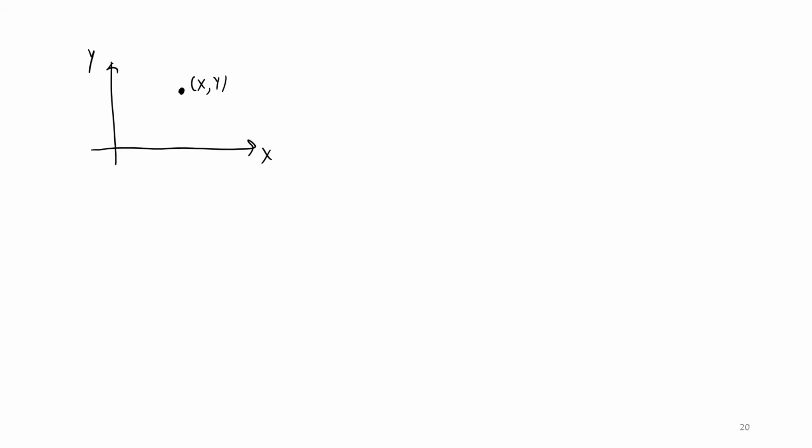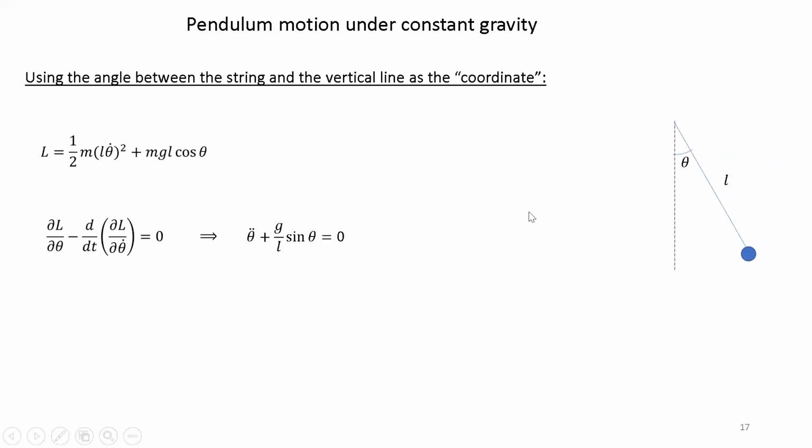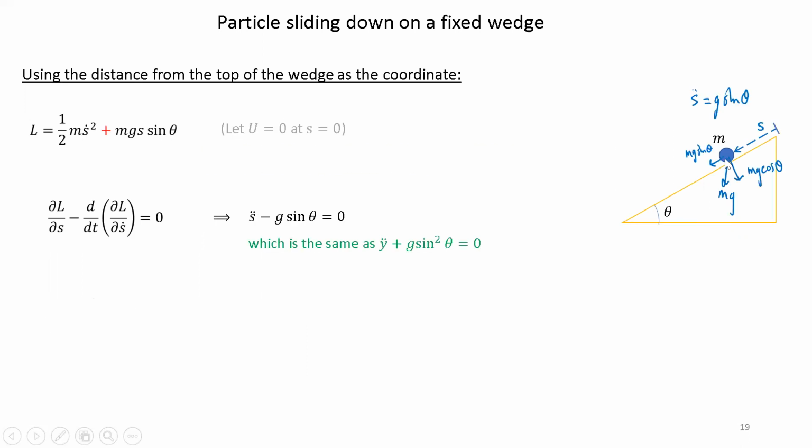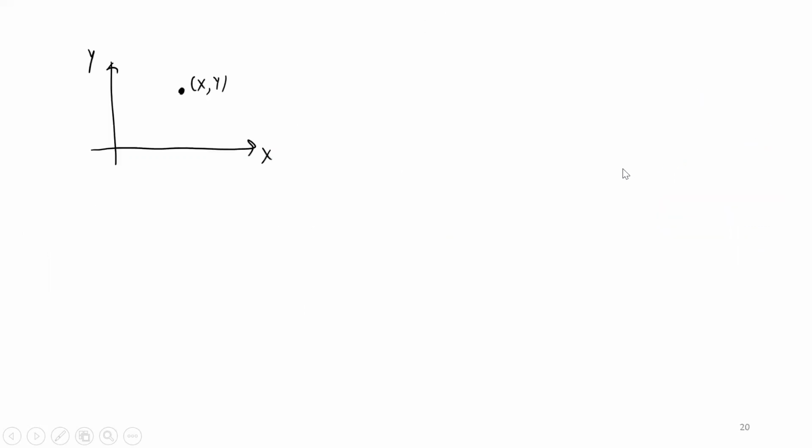But just now, from these two examples, I used theta, and here I used s. These are also variables that can describe the motion of your particle. So we call any set of variables that can describe the motion of your particle the so-called generalized coordinates.